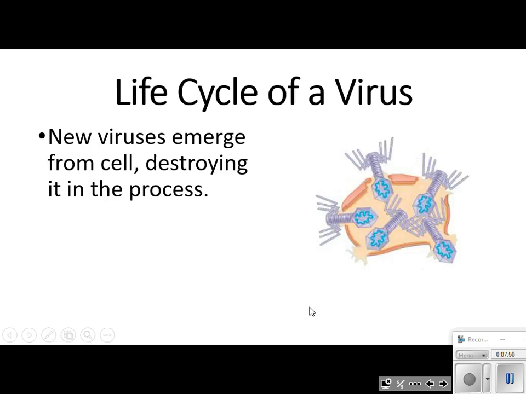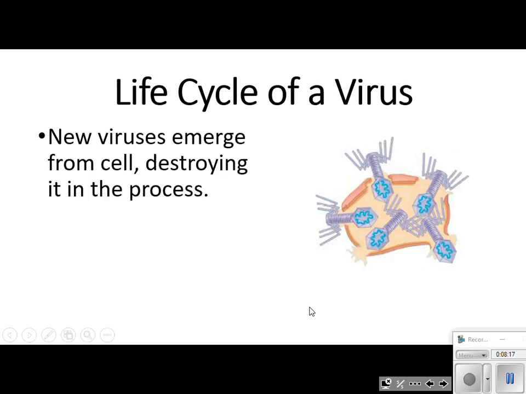It's going to pop. We call that it's going to lyse, L-Y-S-E. When it lyses, it bursts. And when it bursts, look what's happening. The cell is destroyed now. The membrane is gone. That cell is no longer any good. And what else happened? All the viruses are out moving around now.